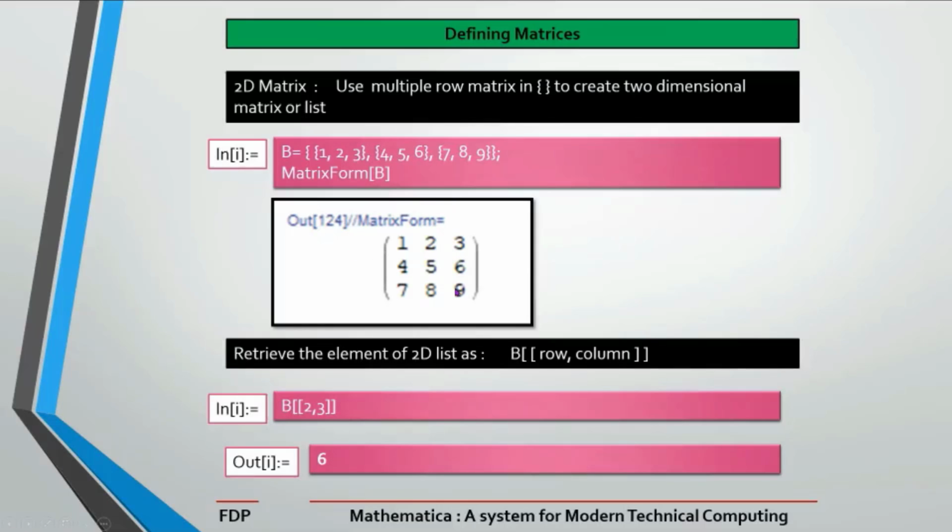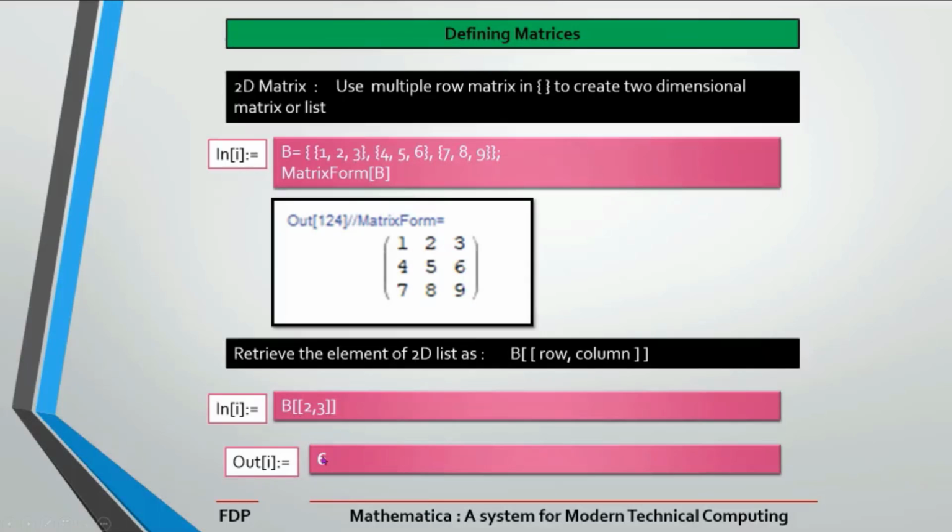That means you have to specify the row position and the column position. Like here you can see that for B, the 2 comma 3 means the second row and third column. So that is our second row, and the third column is this one. So the element should be 6, and then you will get your answer.